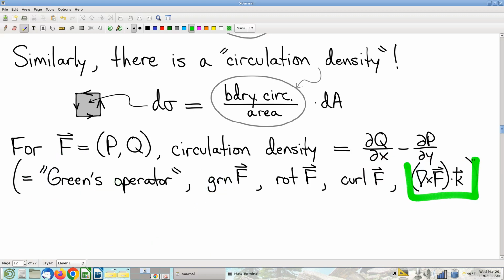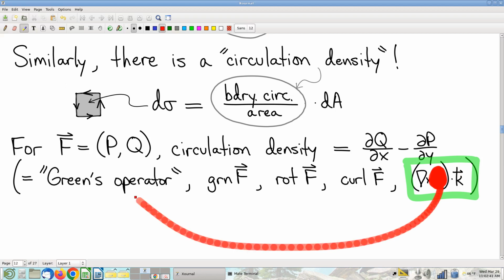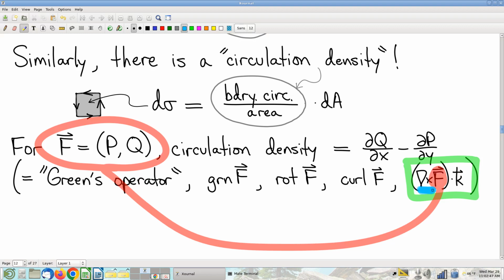Lastly, there's this formula right here. This one rubs me the wrong way. Oh man, look at this. The thing here, F, has 2 coordinates. And then in the notation, they're talking about doing a cross product with it. There is no cross product for a vector with 2 coordinates.